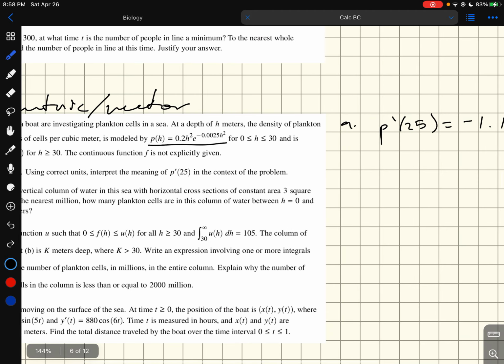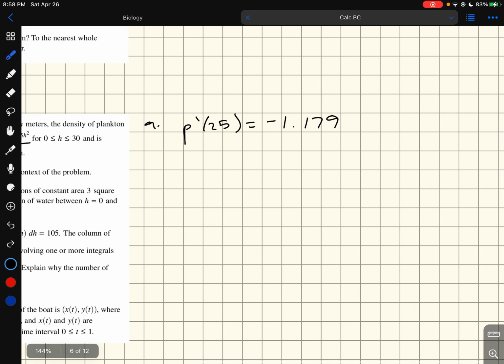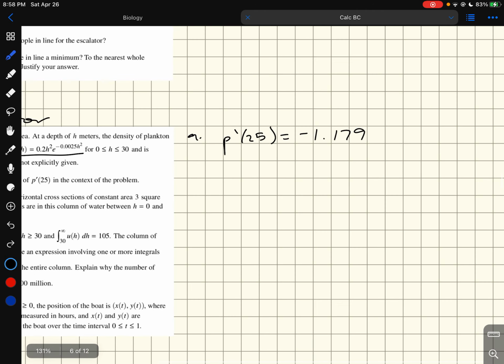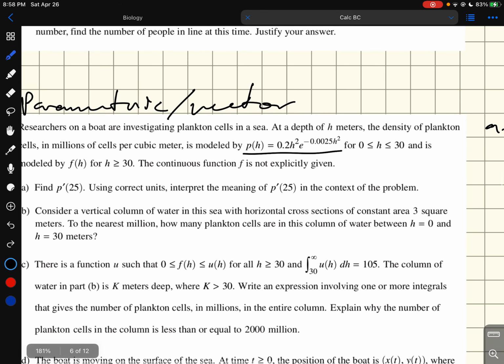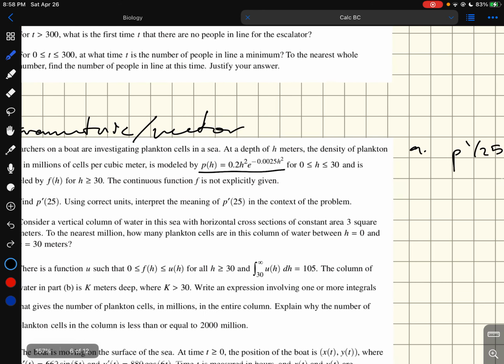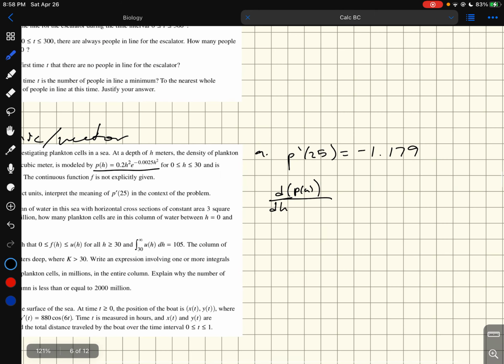Okay, and then it says interpret the meaning in the context of the problem. Whenever they say in the context of the problem, that means they want you to use units. So let's think about this. If this function is telling us millions of cells per cubic meter, and we take the derivative of that, that means d of p over dh.